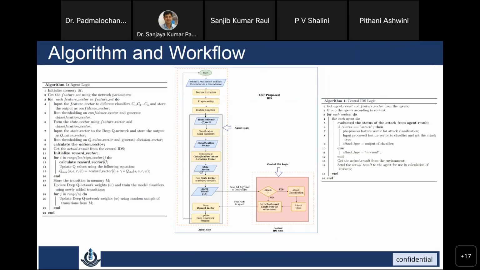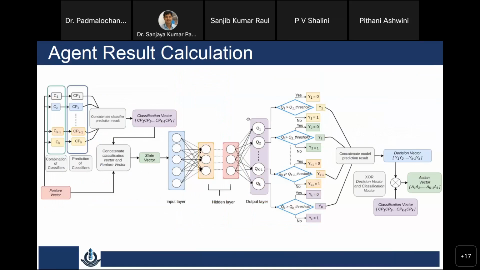This is sent to the central IDS, which, based on sandboxing techniques, identifies normal and attack packets. Based on that it calculates the reward and sends this reward to the agents for fine-tuning the deep Q network weights. So this is the detailing.